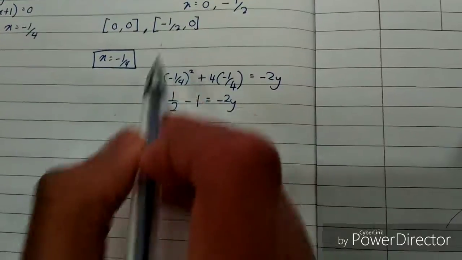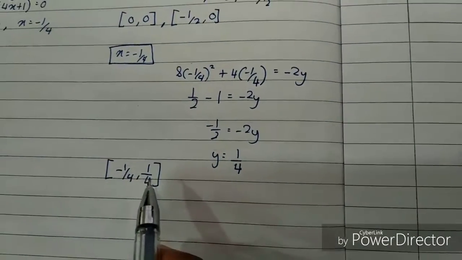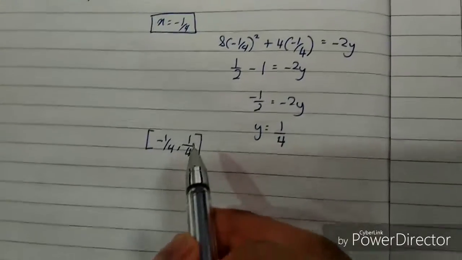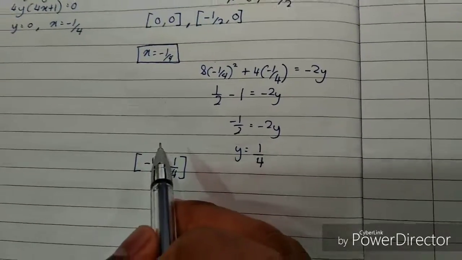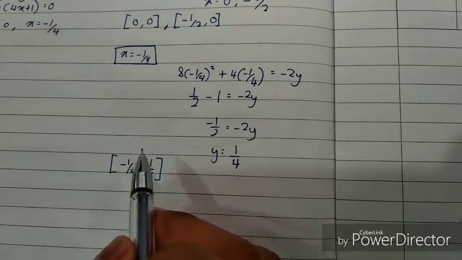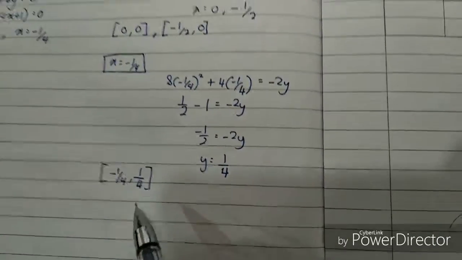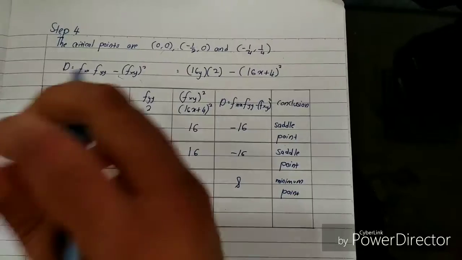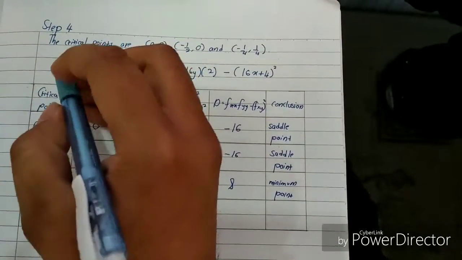So we get 3 critical points. In order to check whether the critical points are valid, we can substitute them into fx or fy. If we get 0, then it is valid for both equations. That's all.